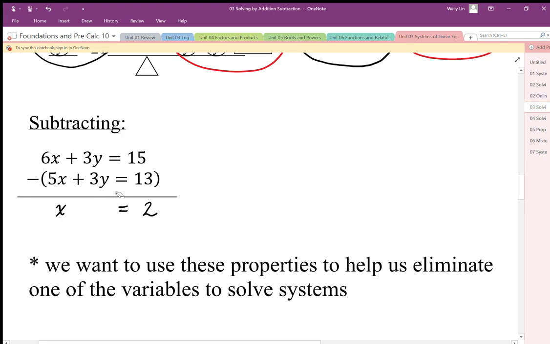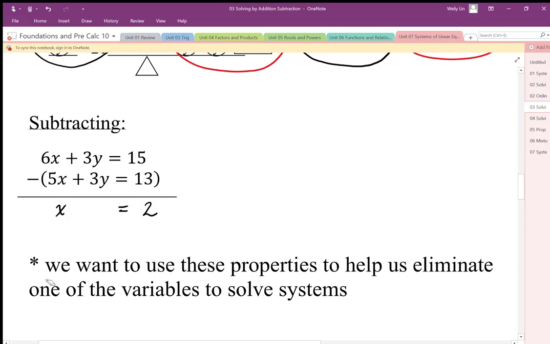So we can subtract, that's the property, but what ended up happening is we actually got an answer for x. We have x equals 2. And by this addition or subtraction, we can end up solving equations, because we can eliminate one of the variables.